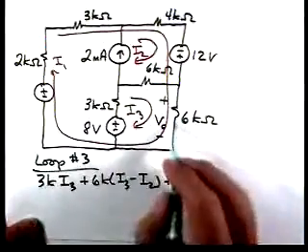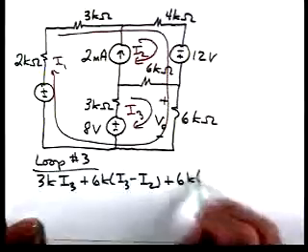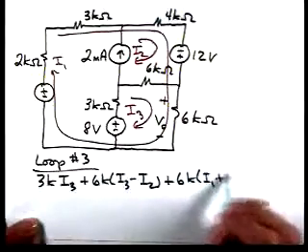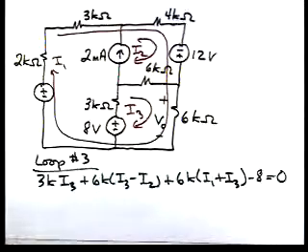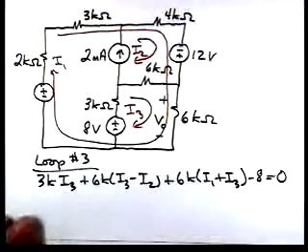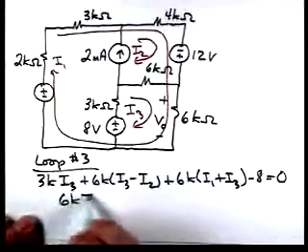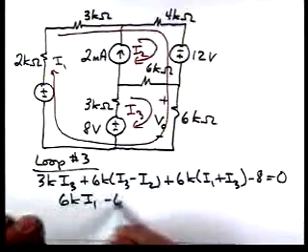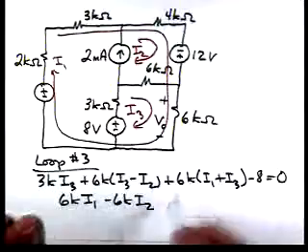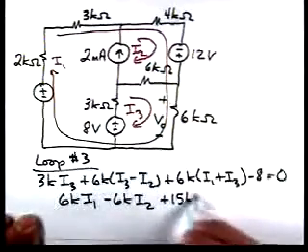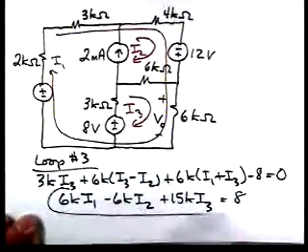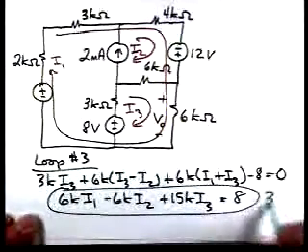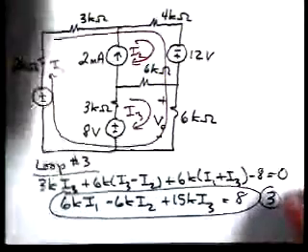For this resistor, we have 6K times I1 plus I3 minus 8 equal to 0. Collecting terms, we have 6K I1 minus 6K I2 plus 15K I3 equal to 8. Okay, so there's our third equation.